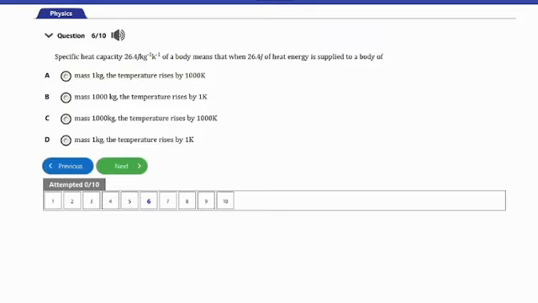This actually signifies that when 26.4 joules of heat energy is supplied to a body of mass 1 kg, the temperature rises by 1 Kelvin. And that's it for this question. Option D is the answer to this question. So let's go ahead and consider the next question, guys.